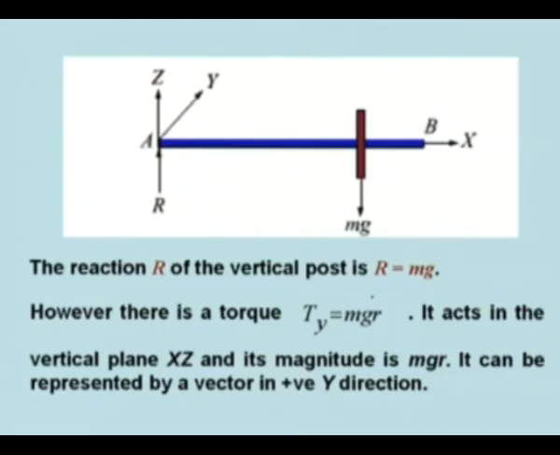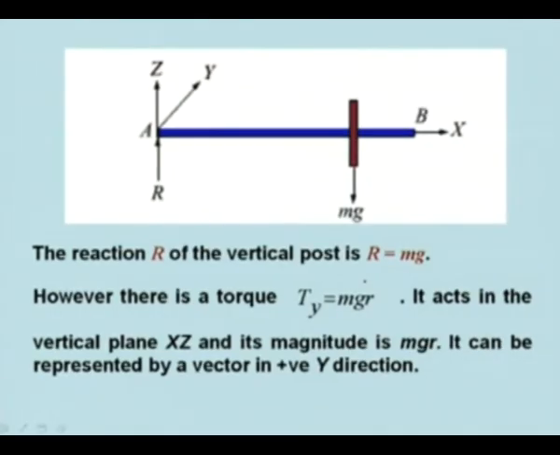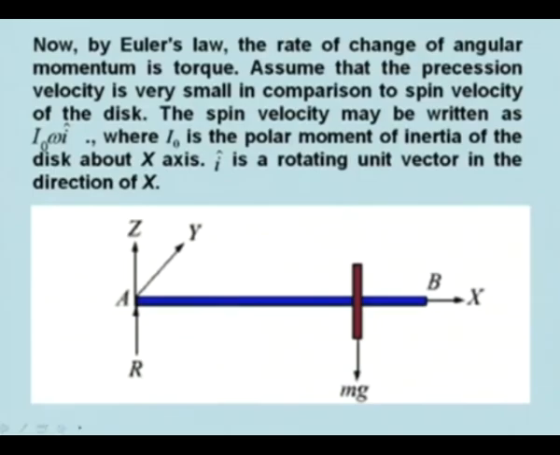It can be represented by a vector direction: it acts clockwise, so it is going away from you, which means it is along the plus y direction. Now by Euler's law, the rate of change of angular momentum is torque.